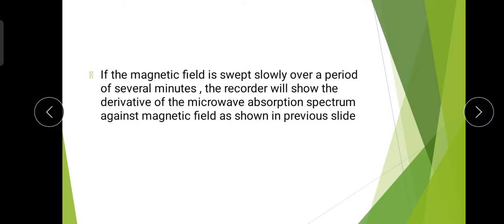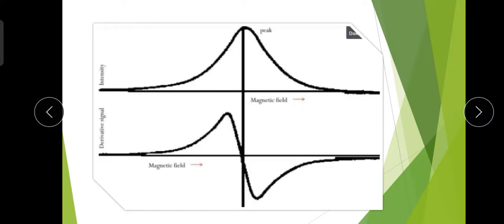That means if we take the first derivative of the first spectrum, that is intensity versus magnetic field, then we get the second spectrum like this. So here we get the derivative signal versus magnetic field spectrum.